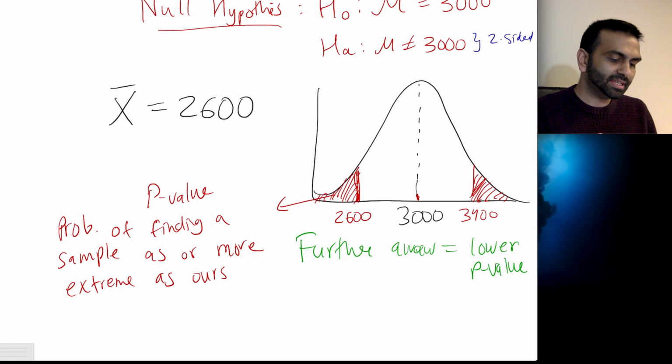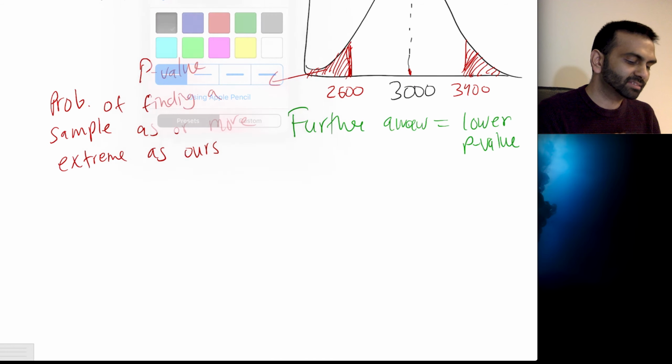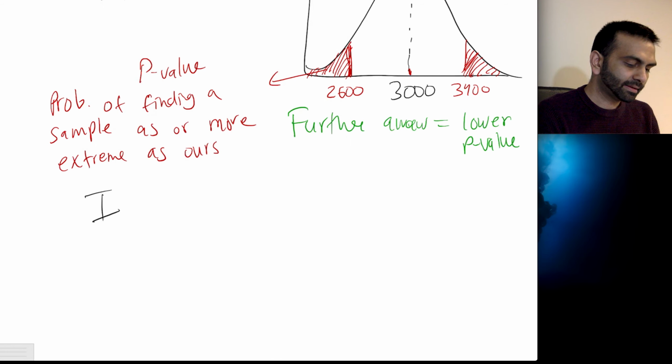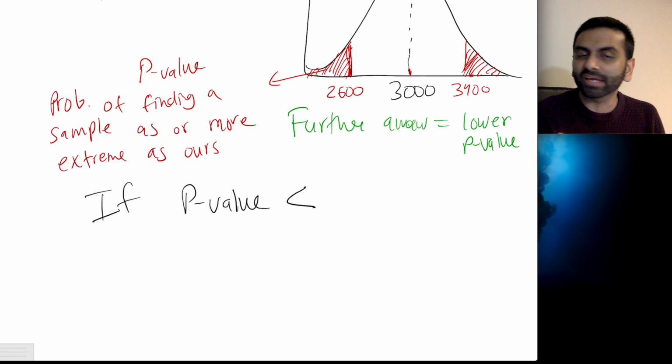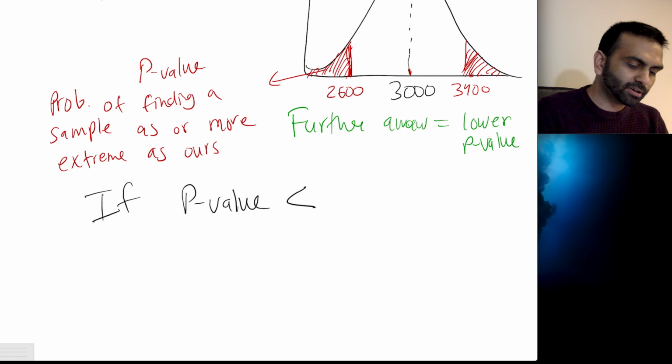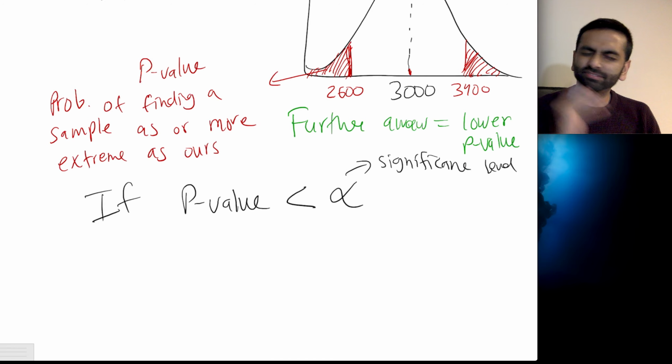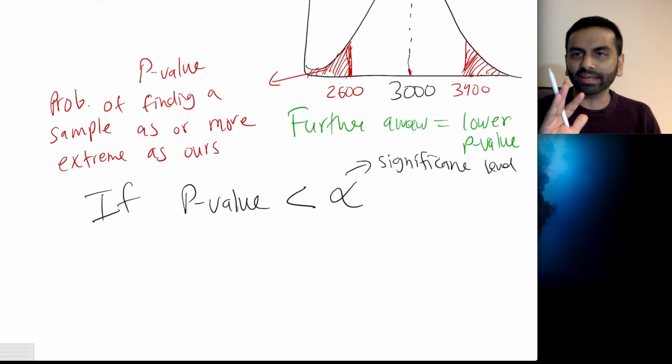So the decision in the end basically boils down to this. If your p-value is less than a certain threshold that you predetermined, usually 5%, but in general it's called alpha. Alpha is called the significance level. It's the threshold, and you have to determine this before you even collect data at all.